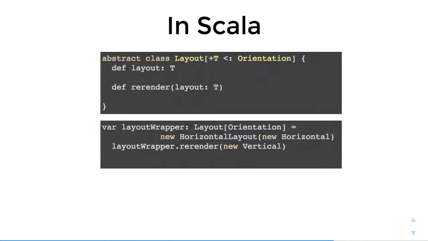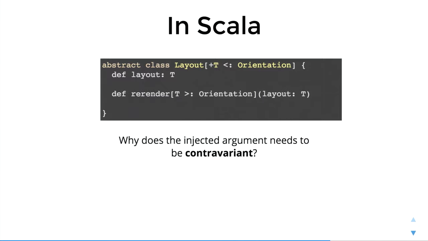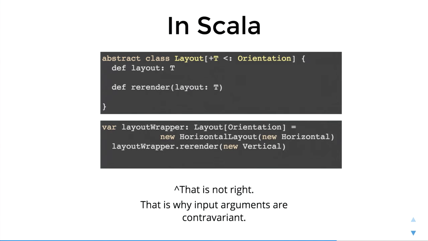But for the same reason, due to polymorphism, we could totally pass a new vertical in here. We would be allowed to do so. And that doesn't make any sense for Rerender. So that's why we need these inner parameters to be contravariant. So this thing would be totally wrong, and our code would be broken. That's why you need the arguments to be contravariant.